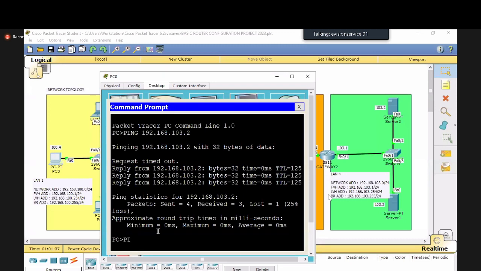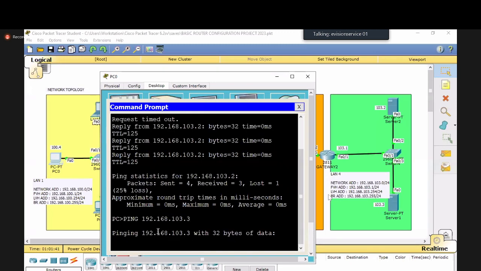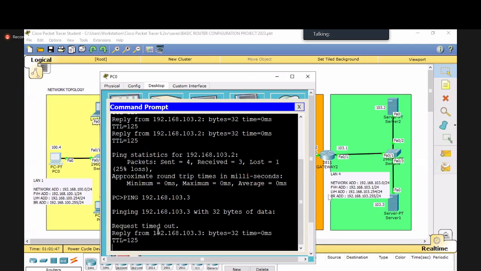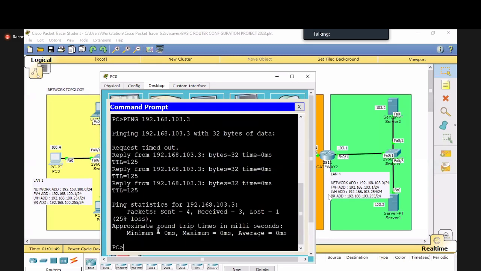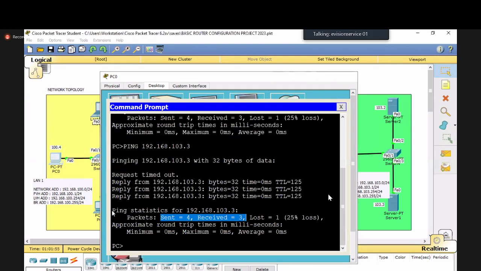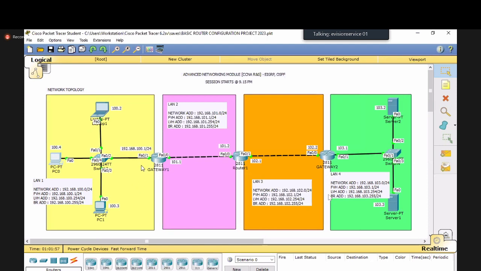And let's do the ping test again to server 1 IP 103.3. And also we are getting the reply. So it means that EIGRP routing, we are performing it successfully without any problem.